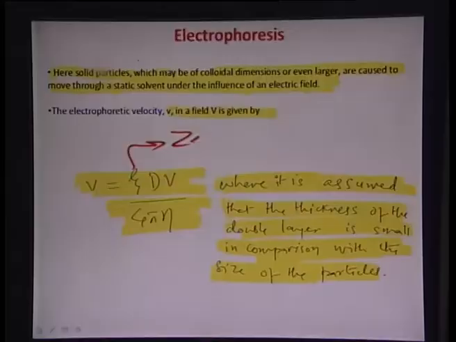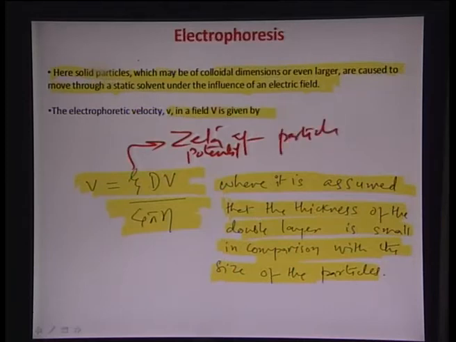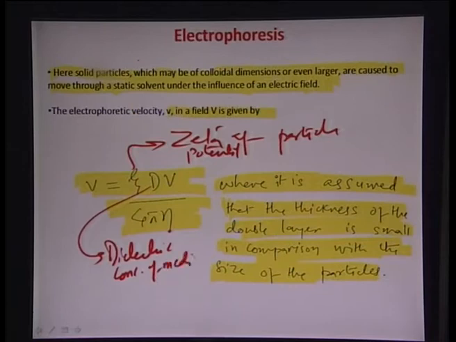So here in this equation, V is the electrophoretic velocity, of course, zeta here is the zeta potential of the particle with respect to the medium, d is the dielectric constant of the medium, eta is the viscosity, and V here is also the applied field.